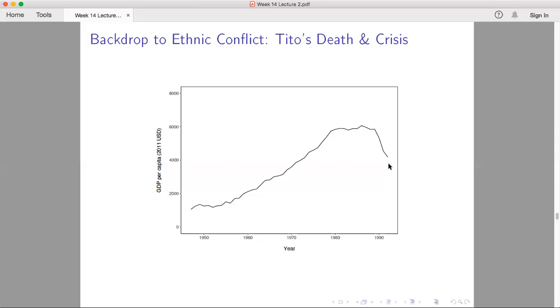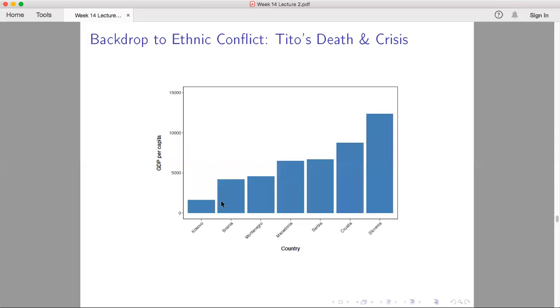Now, one interesting thing about this is that the reduction in standards of living was actually not spread evenly across Yugoslavia. Recall that I said that economic relations were also decentralized. So each republic could decide what types of policies it wanted to implement. And what that led to was a huge divergence in how well any given region was doing economically.